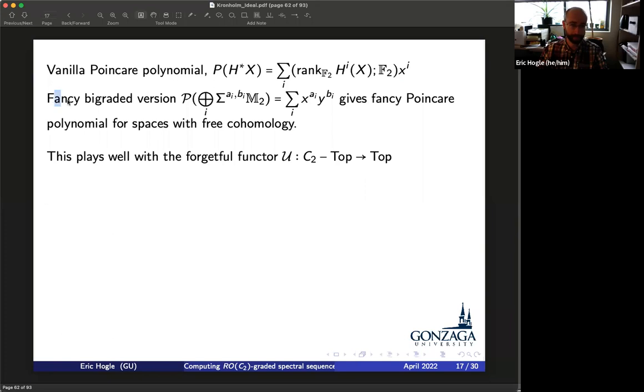Well, now I need something fancier because my theory is bigraded. So I've got a fancier P that I typeset here, and I need two variables to represent this information as a polynomial.